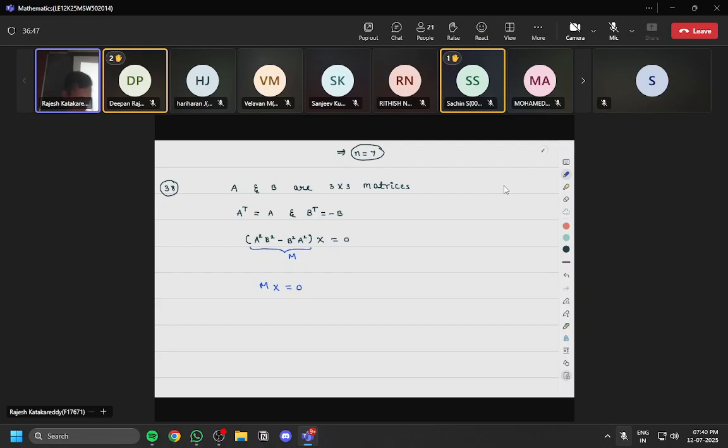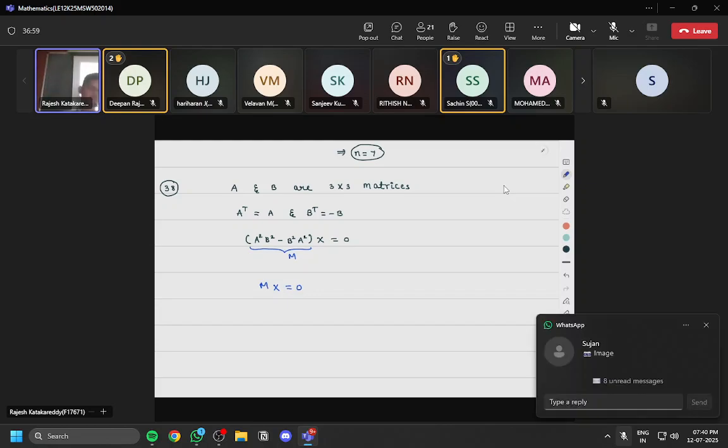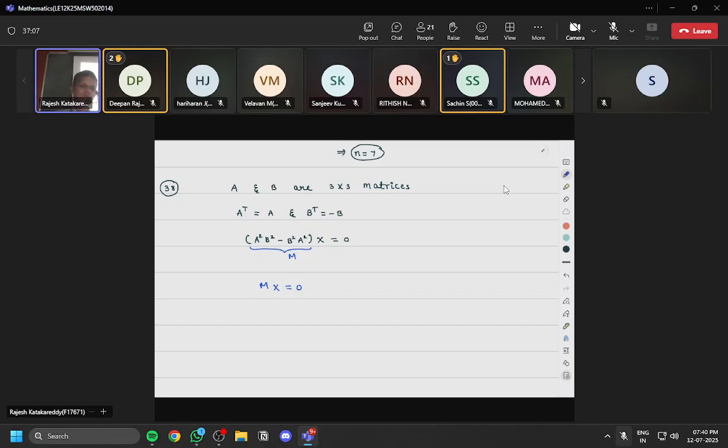Now if we notice in the options, option 1 is saying exactly 2 solutions, infinitely many solutions, no solution and unique solution. If you have learned how to solve a system of homogeneous linear equations, you would have noticed two things. All planes are passing through the origin.